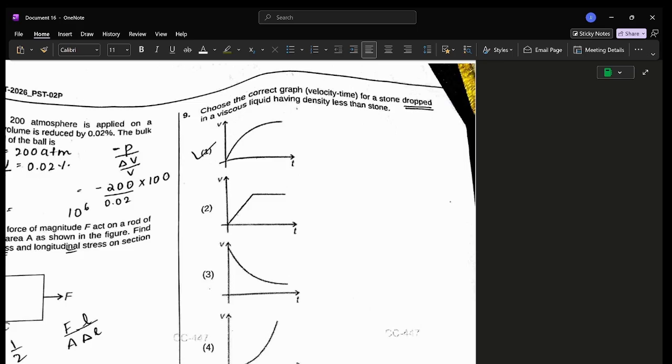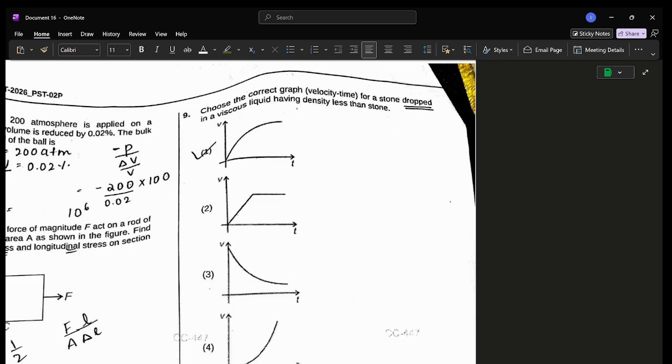The final viscous drag force will be equal to gravity if it is dropped, and equal to net gravity if it is thrown. Terminal velocity when dropped is reached from below, whereas here it will be reached from above. So I think the third graph would represent the situation.